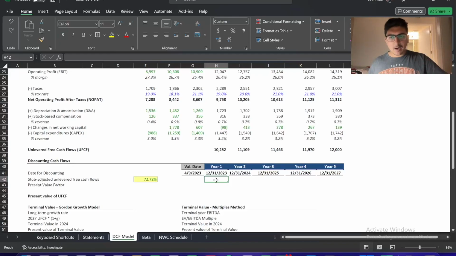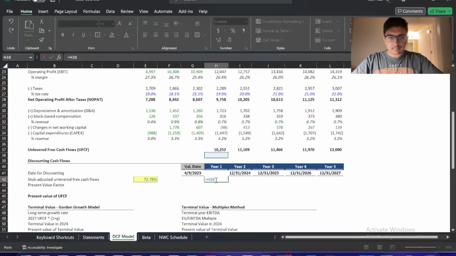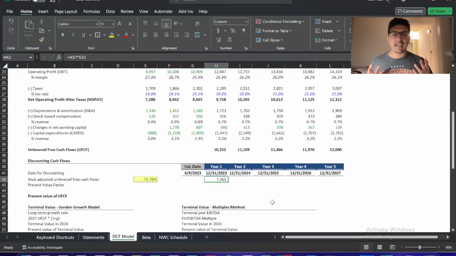So when we stub adjust these cash flows, just the year one cash flows, this is going to show us how much cash do they really have left to generate, and they only have about 7 billion. We're not going to do this adjustment for all of the future years because those future years, well, they're still in the future.